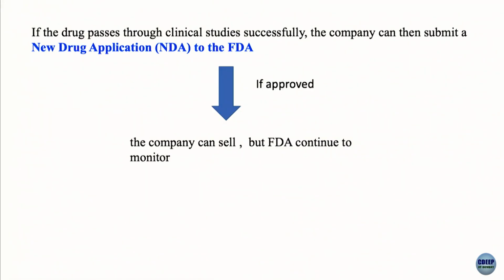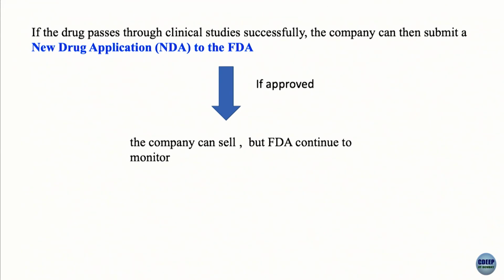So once these preclinical studies are done and the clinical study is successfully done, the companies can submit what is called a new drug application to the FDA. This is called NDA, new drug application.